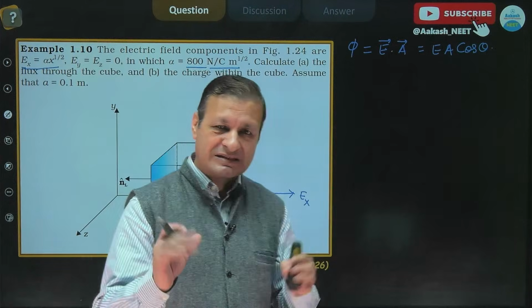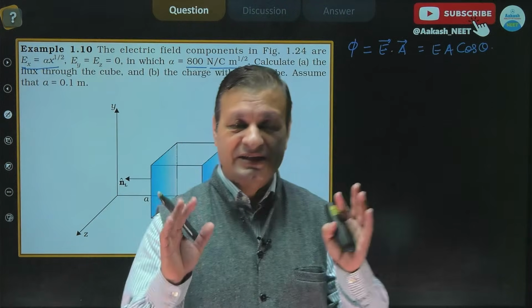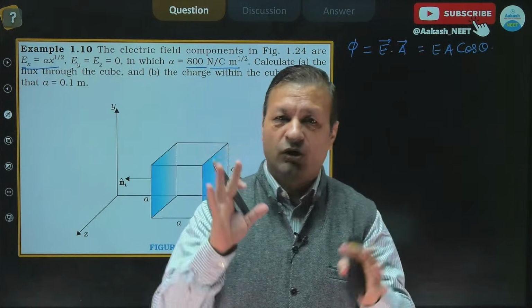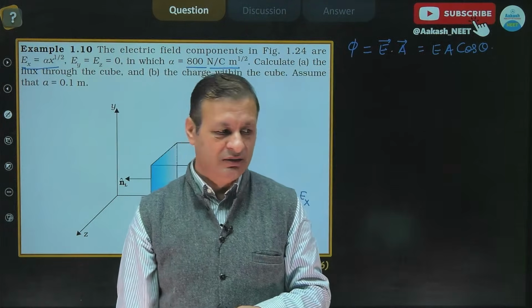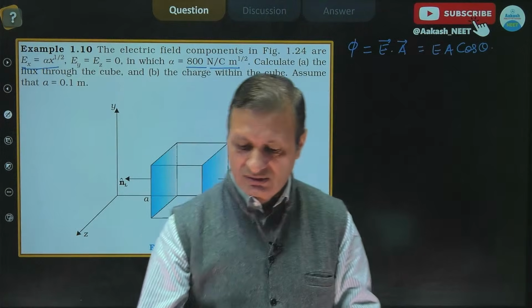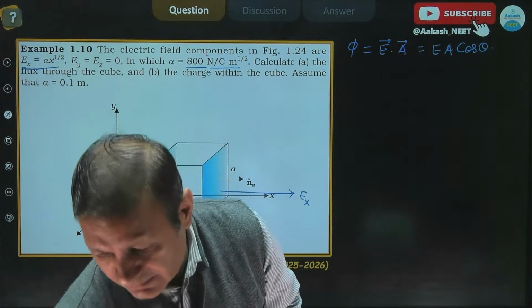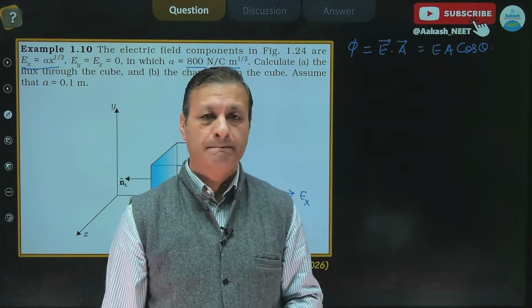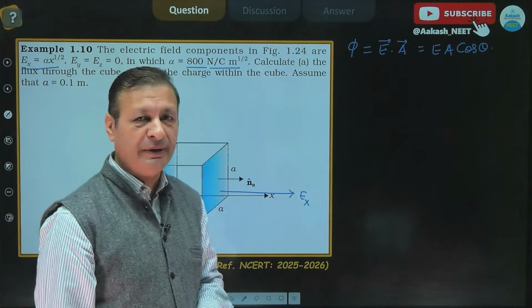So this cube has 6 surfaces. When you are asked to find out the flux through all the surfaces independently, then you have to find out the flux through each of the faces independently.